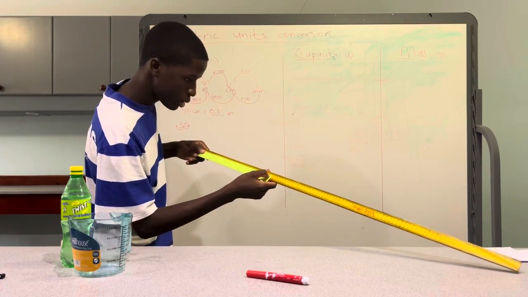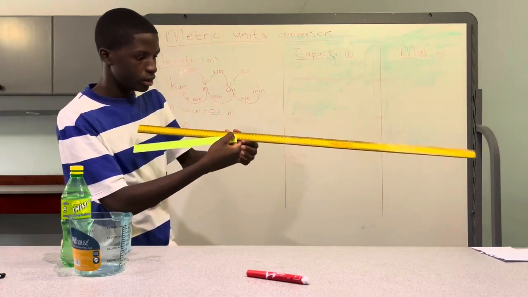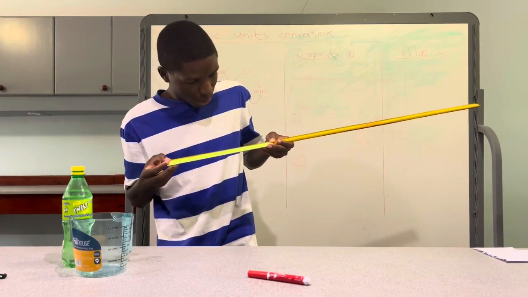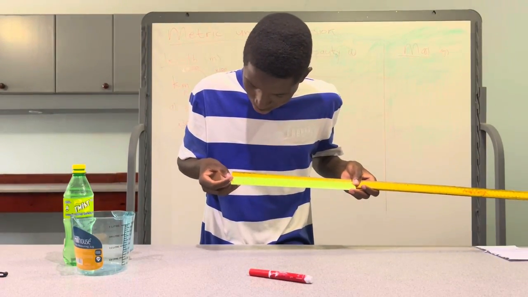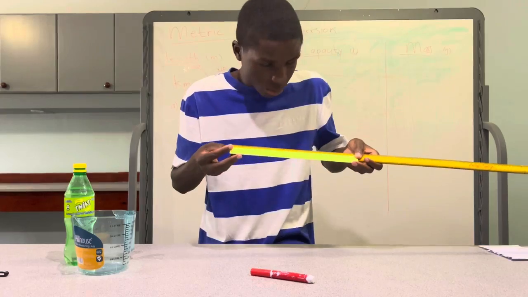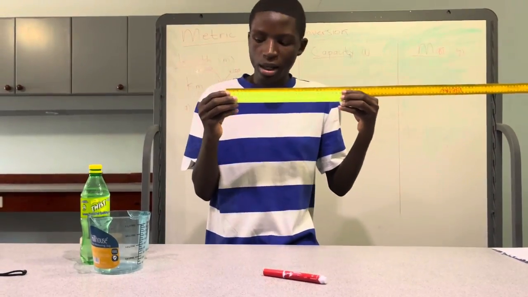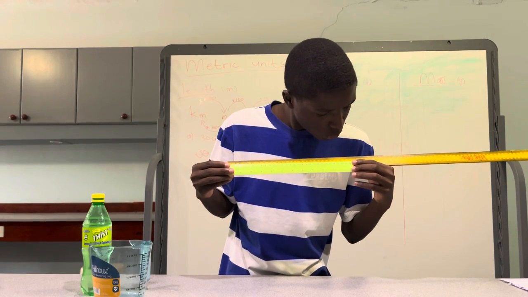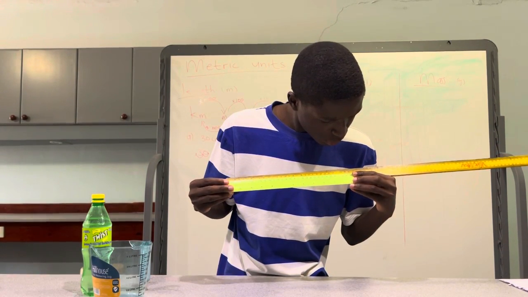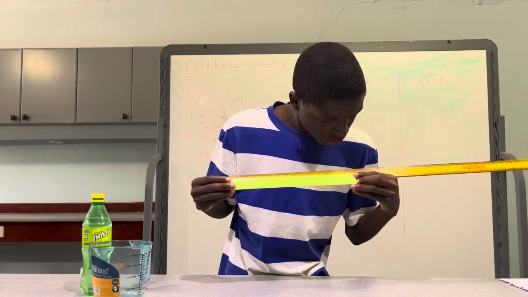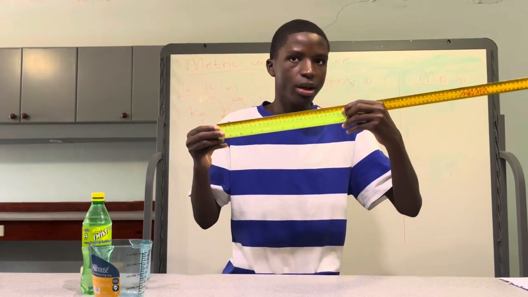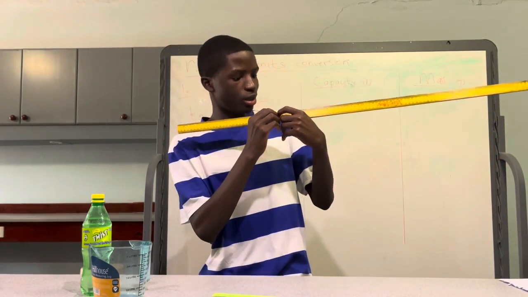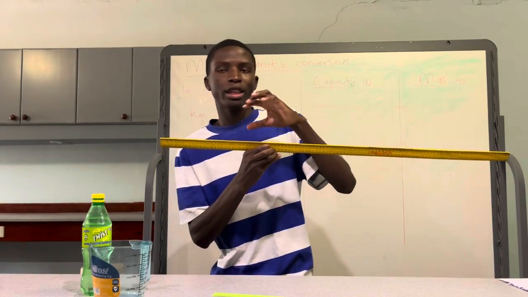Okay, let's check this one. Our 30 centimeter ruler, when you place it on the 1 meter ruler, you place it starting from 0 to 0.3. This one is showing 30, but it's 30 centimeter.